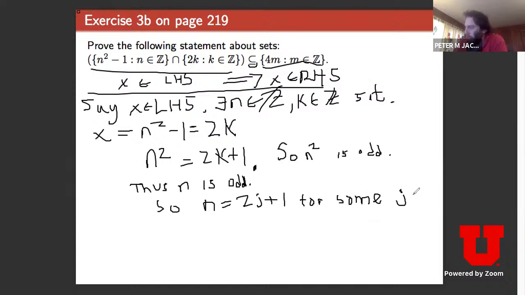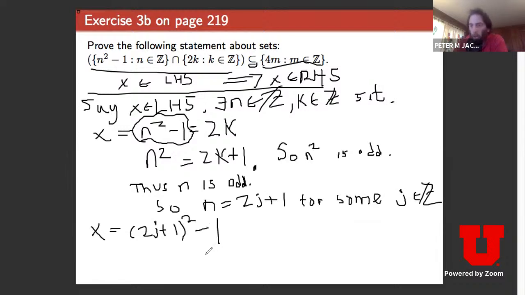All right, this is an integer. So again, what we're after, as Ethan points out here, is we're trying to show that x is an integer multiple of 4. So if we know now that n is odd, we can go back and plug in here into our equation for x, and we'll see if that helps. So we do that. So x is equal to 2j plus 1 squared minus 1. All we did was plug in for n now.